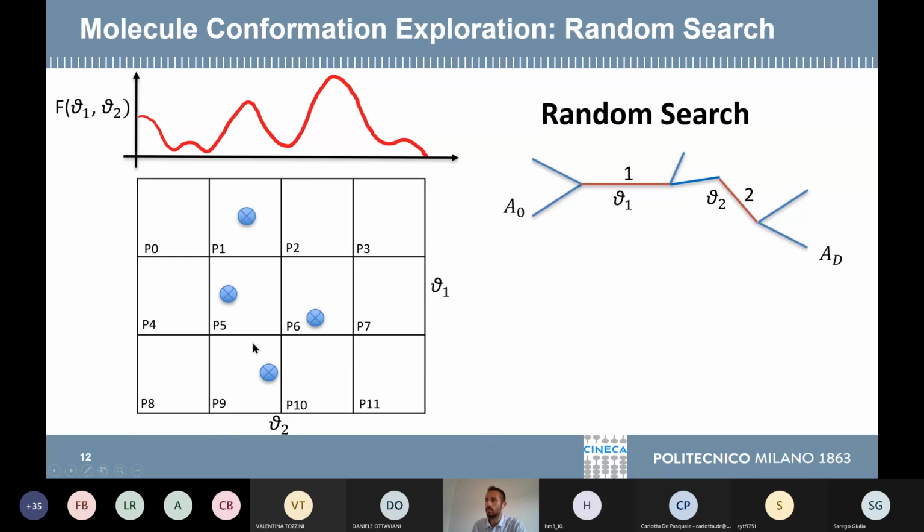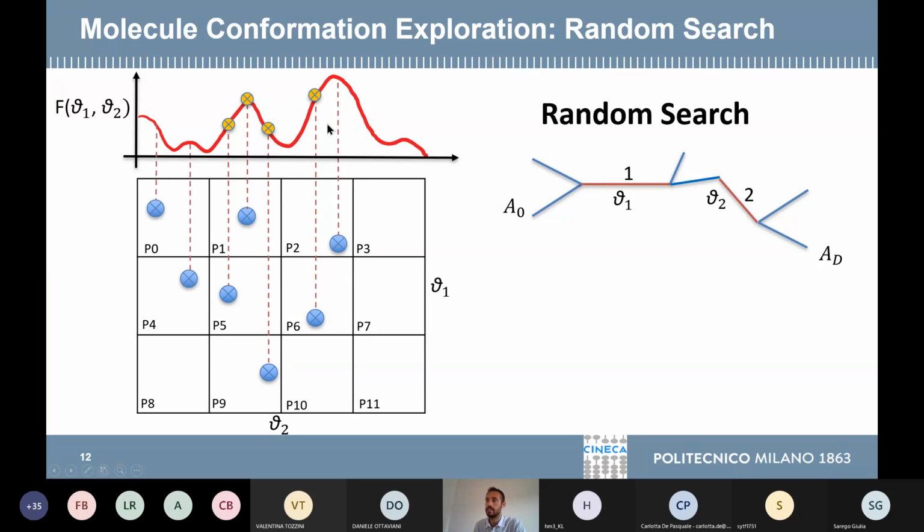Then you can randomly pick configurations in the space of configurations, in this case of theta 1, theta 2, but in general, if you have more rotatable bonds, it's going to be a larger configuration space, and see what the values are.